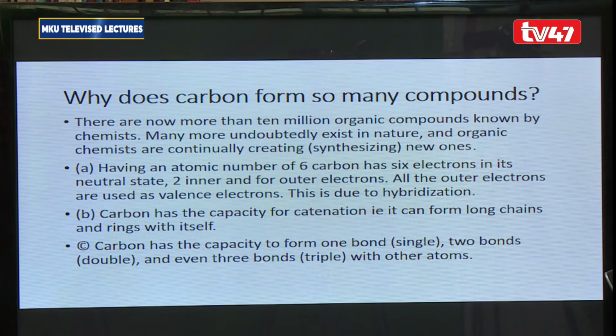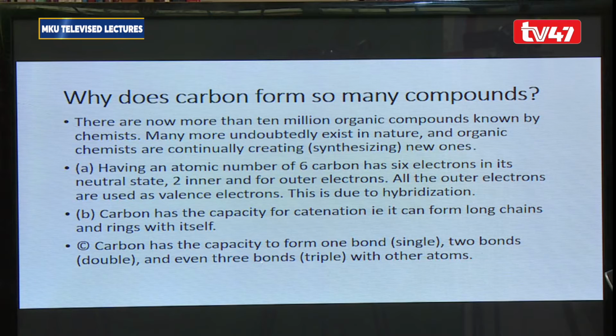So the first question we shall ask is, why does carbon have so many compounds? And the answer can be in 5 points. Point number A is that carbon, having an atomic number of 6, has the general electronic configuration of 2,4, meaning that in the inner principal quantum shell, carbon has 2 electrons, and in the outer principal quantum shell, carbon has 4 electrons.